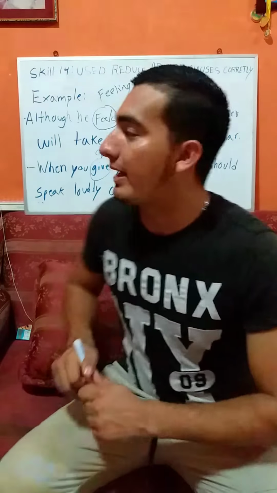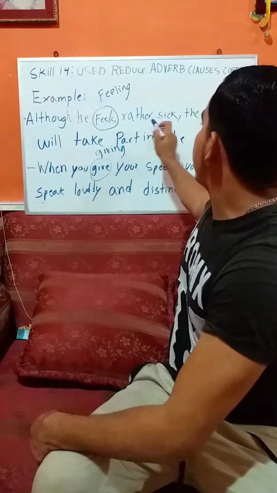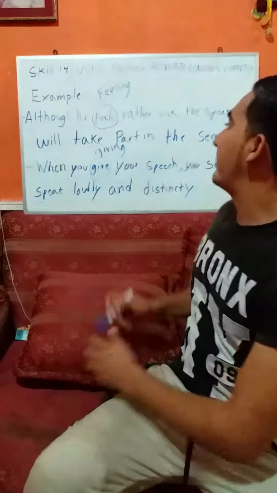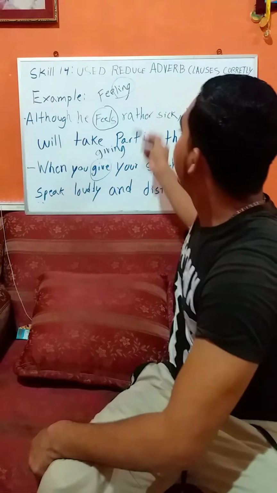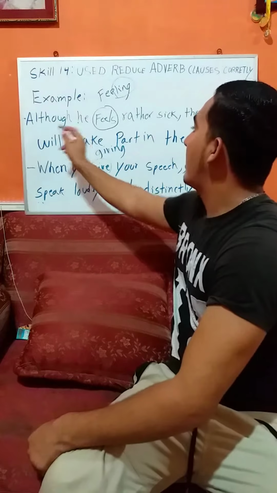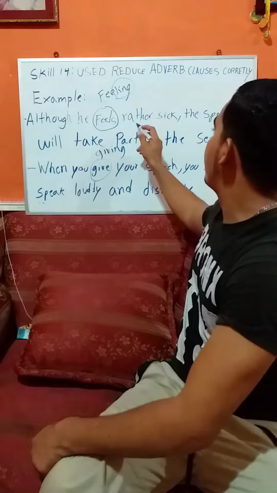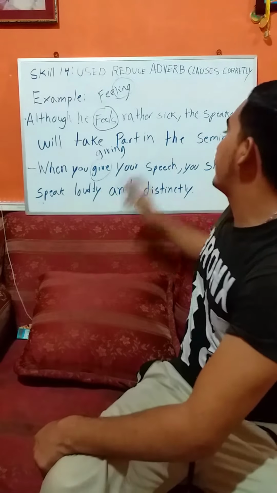For example, while he feels rather sick, the speaker will take part in the seminar. The verb is feel, so the ing form is feeling. For me it's correct: while feeling rather sick, the speaker will take part in the seminar.